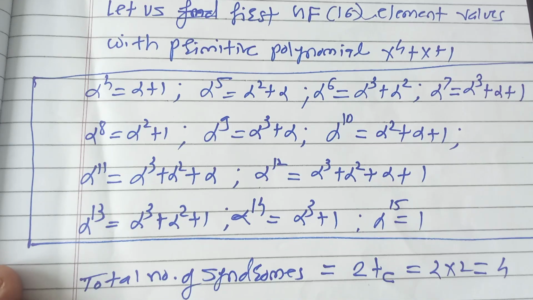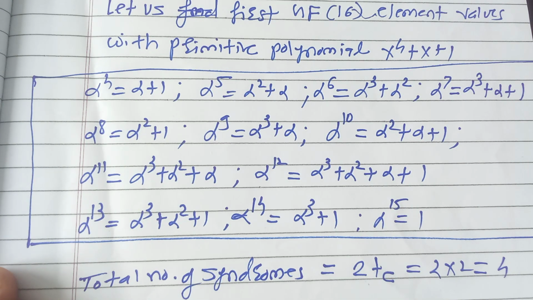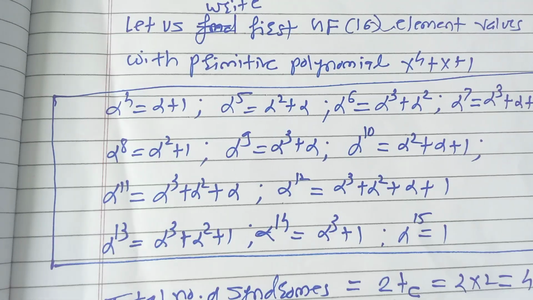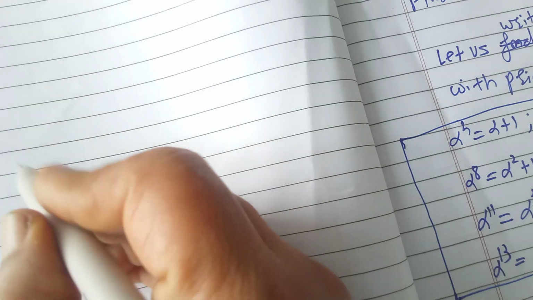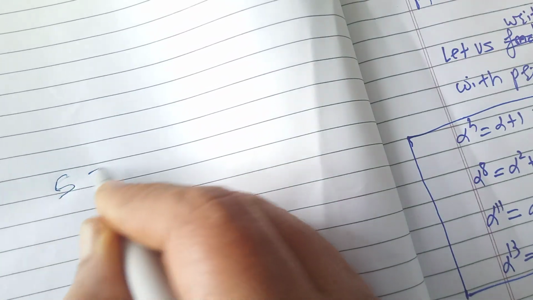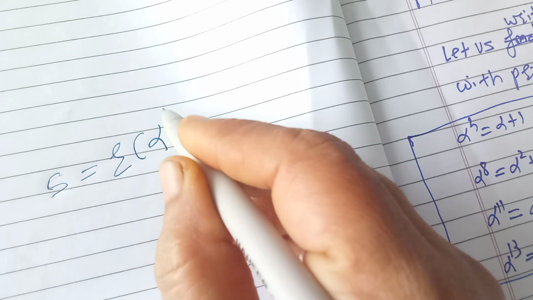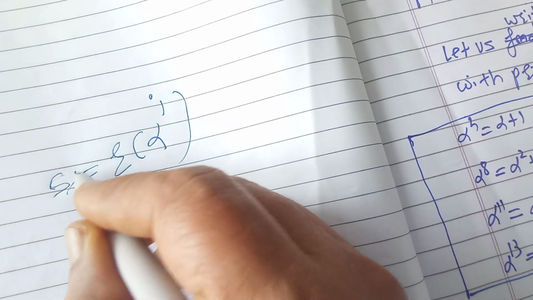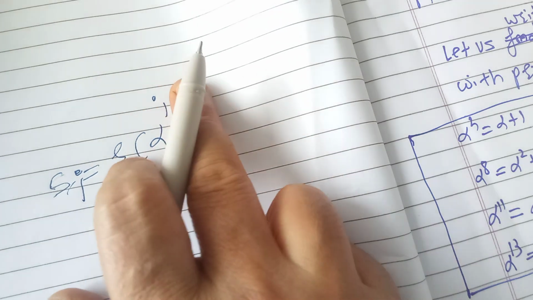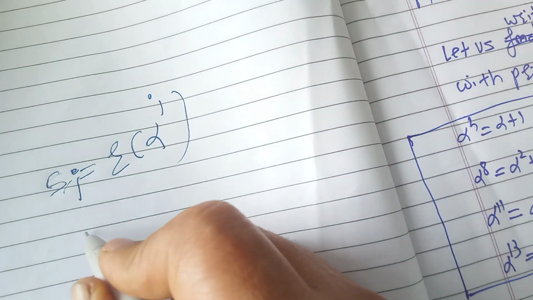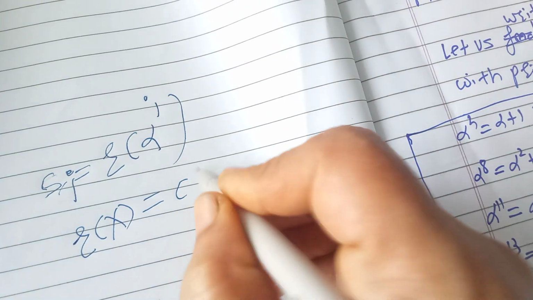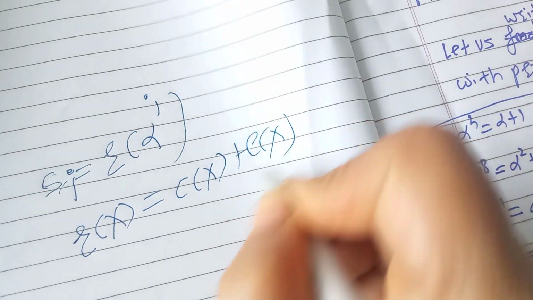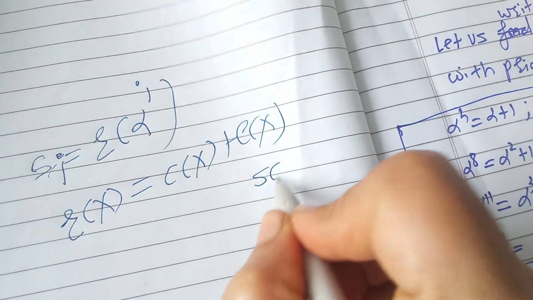After that, how many syndromes are there? First I just want to tell you why syndromes are nothing but R(alpha^i). R means received code word, alpha raised to i. You know that received code word R(x) is equal to corrected code word plus error. The error part gives the syndrome.